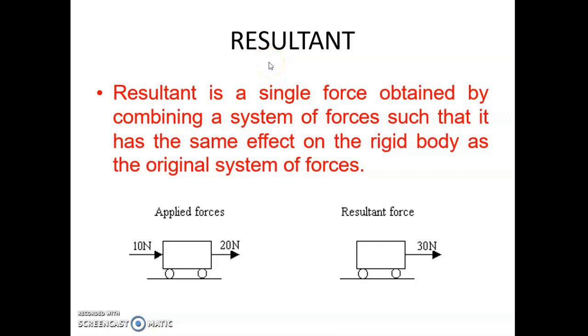The next concept that we will study in engineering mechanics is finding resultant. What do you mean by resultant is, resultant is a single force obtained by combining a system of forces such that it has the same effect on the rigid body as the original system of forces.